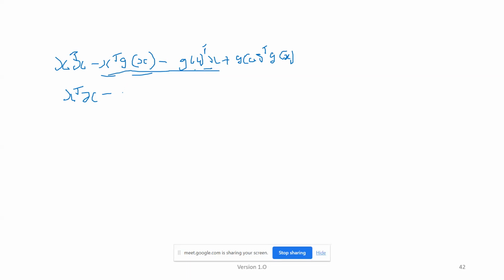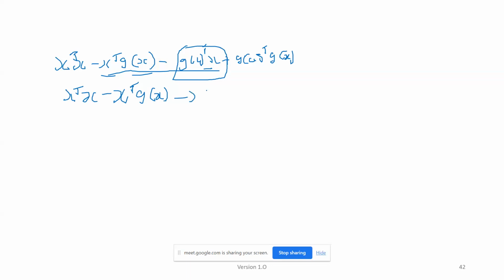that means I'm converting this as X transpose G of C. It is simply replacing the dimensions like that. So what is this? A transpose into B, B transpose into A, like that.